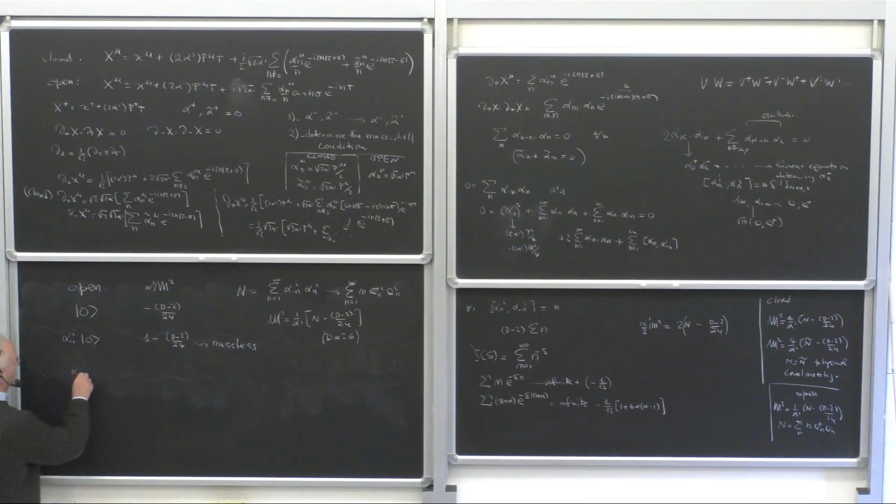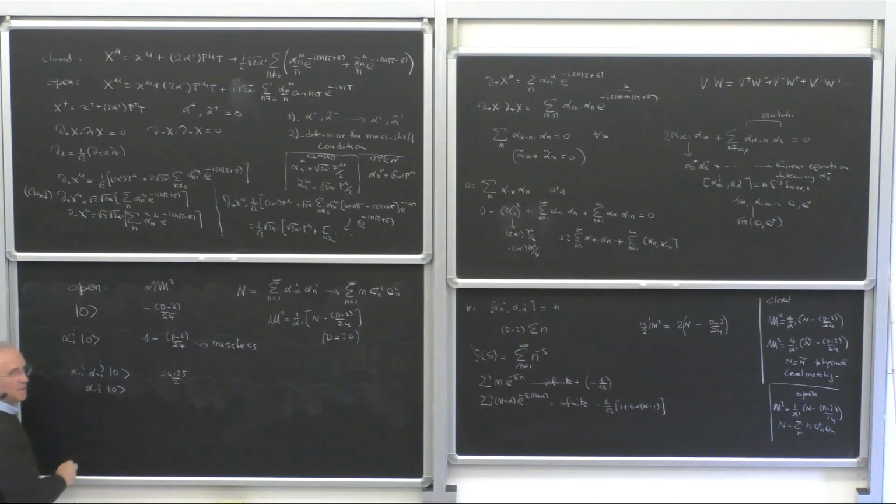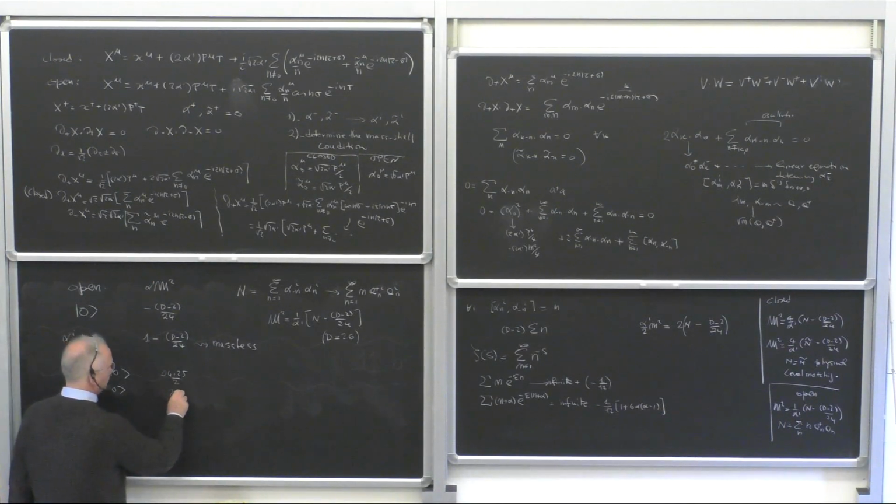I can apply this oscillator twice, or I can apply this one once. So how many states do I get this way? Here I get 24 times 25 over 2, because it's a symmetric tensor. And here I get another 24.